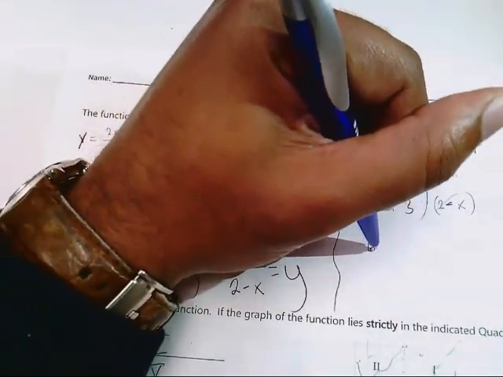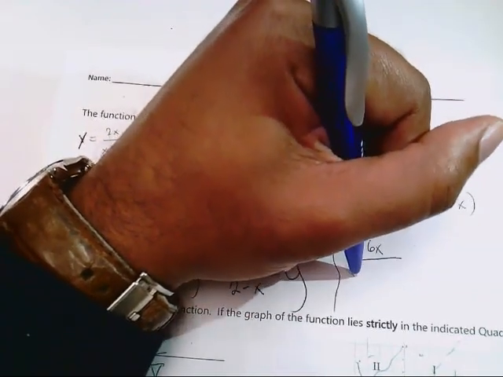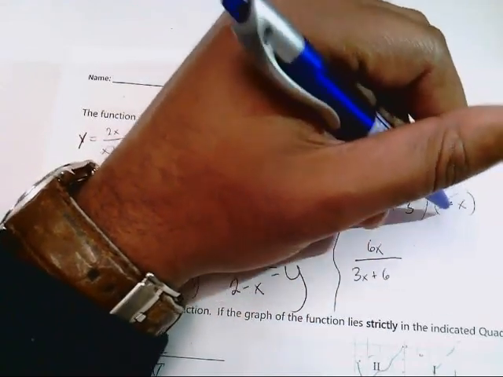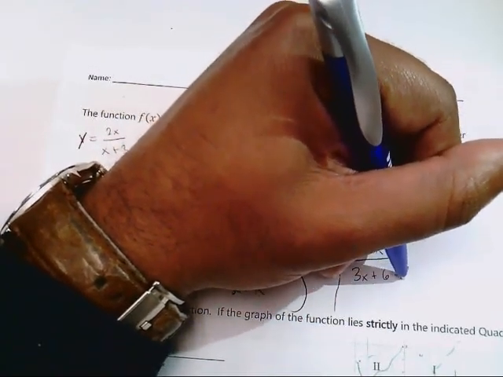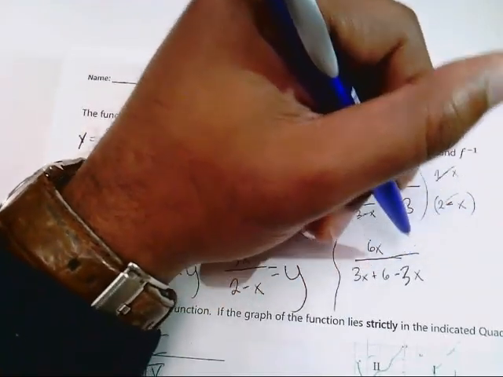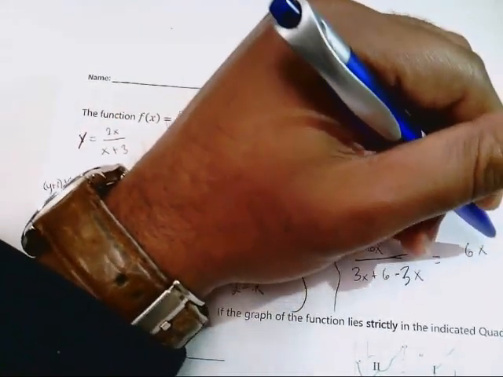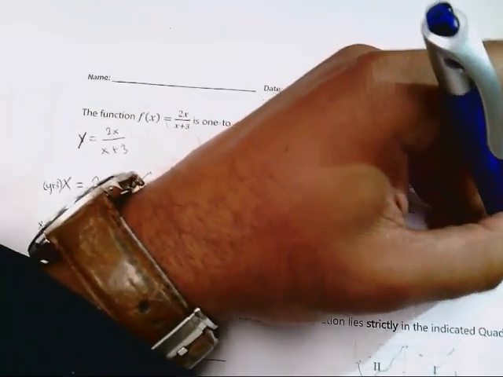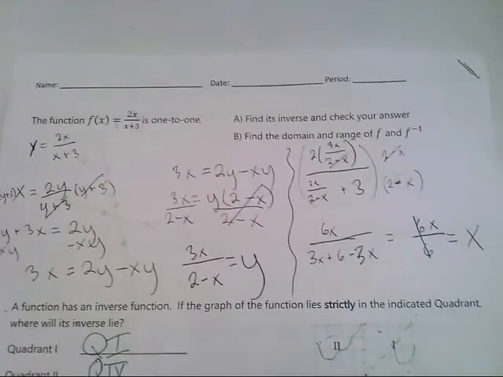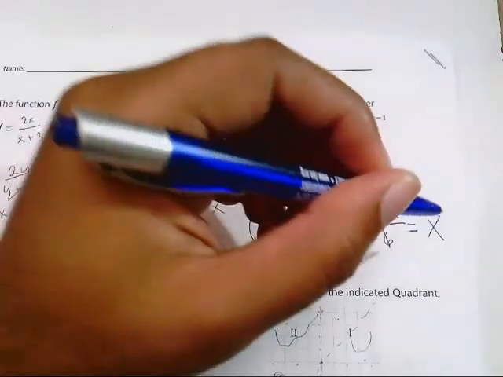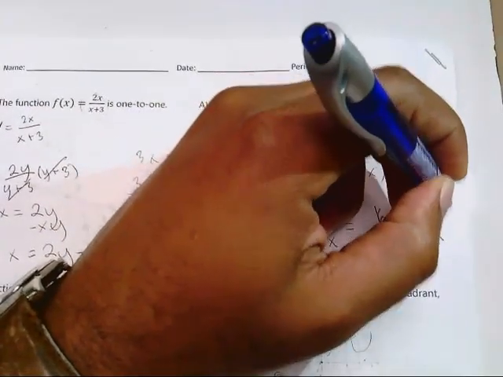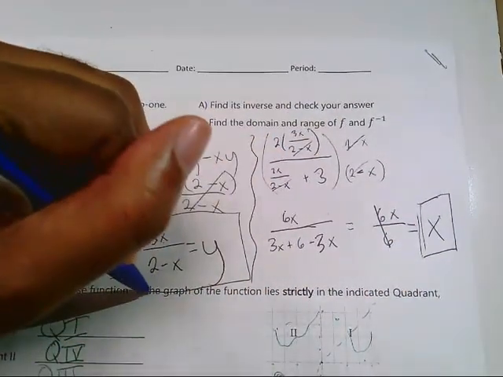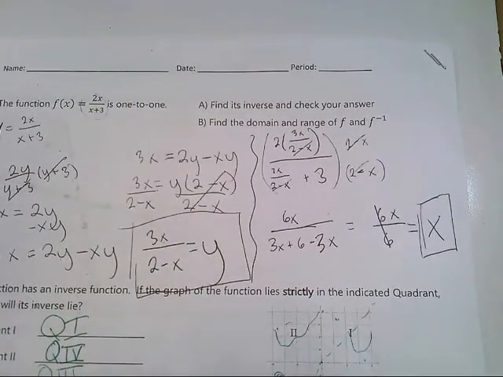So we're going to have 6x over 3x plus 3 times 2 will be 6. 3 times negative x will be negative 3x. And then we simplify, we're going to be left with 6x over 6, which cancels and leaves us with x. So, as you can see, we're left with x, which tells us that we did indeed find the inverse function, which is y equals 3x over 2 minus x.